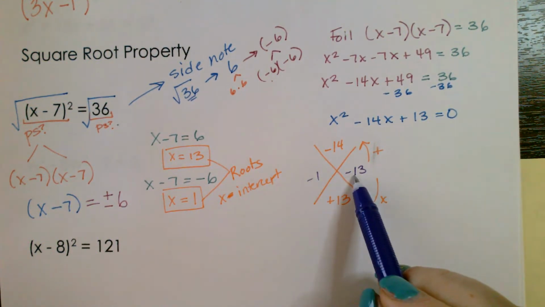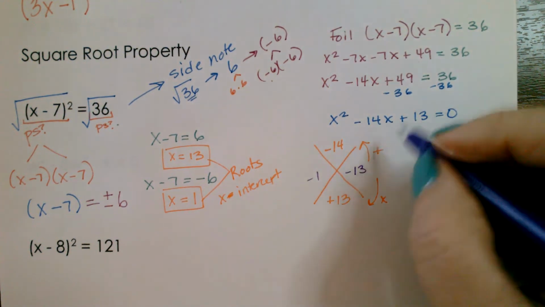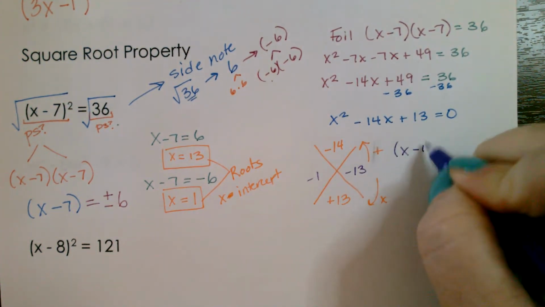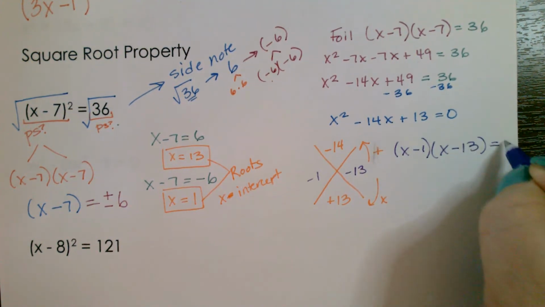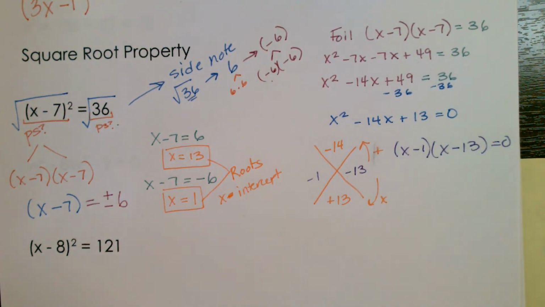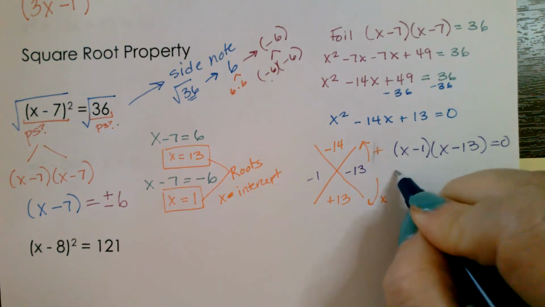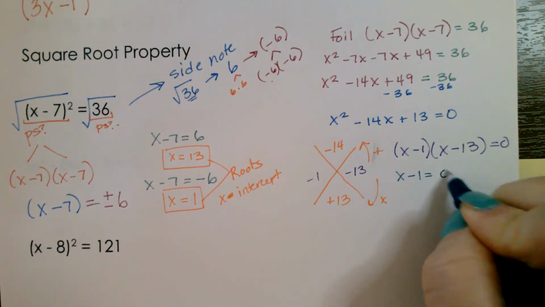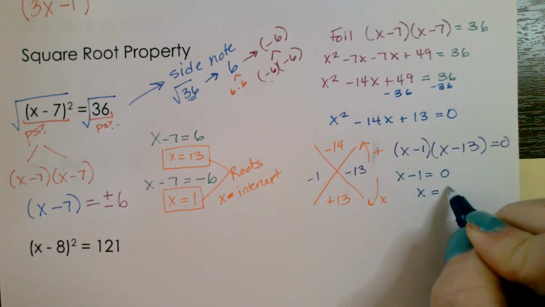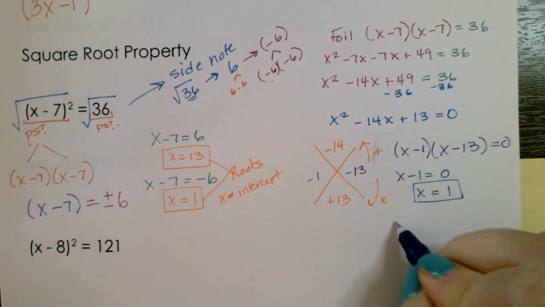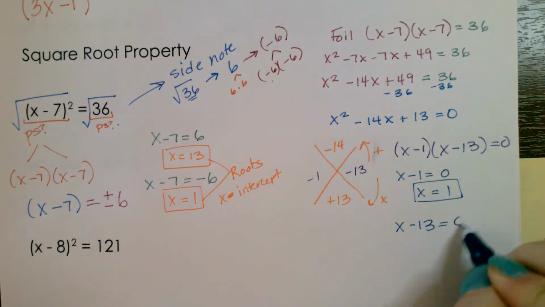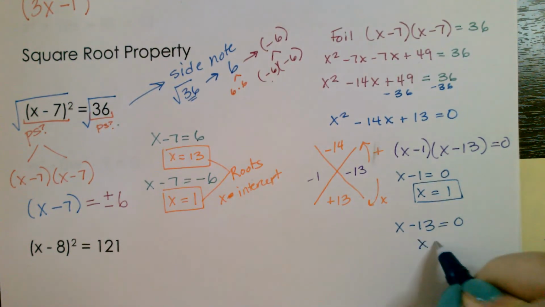Negative 1 plus negative 13 gets negative 14. So I would have x minus 1 times x minus 13 equals 0. Well, that should look familiar. I take the first, set it equal to 0, x would equal 1. I'll take the second, set it equal to 0, x would equal 13.